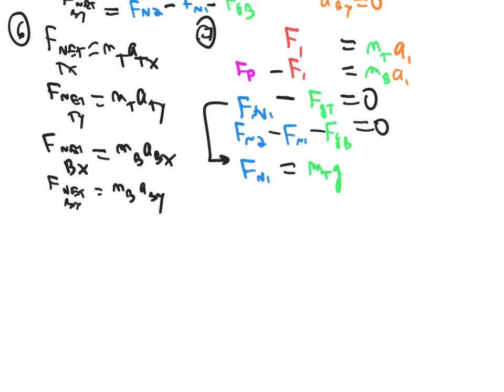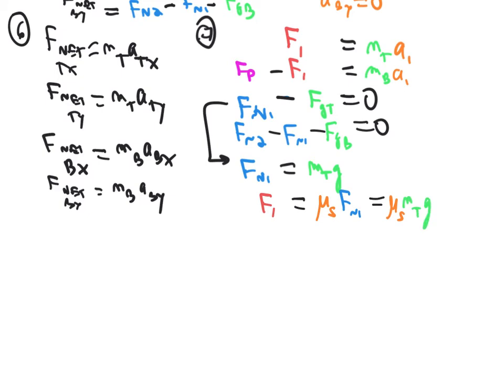Is that useful? Yeah, actually it is kind of useful, because remember that F1 is mu s times Fn1. So it's mu s times mt g.